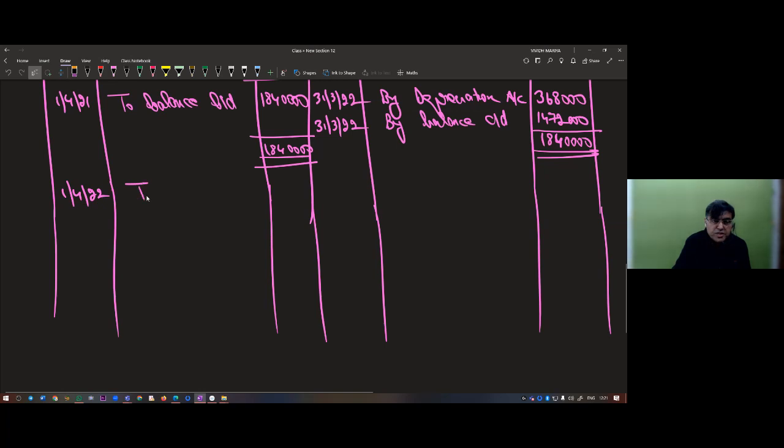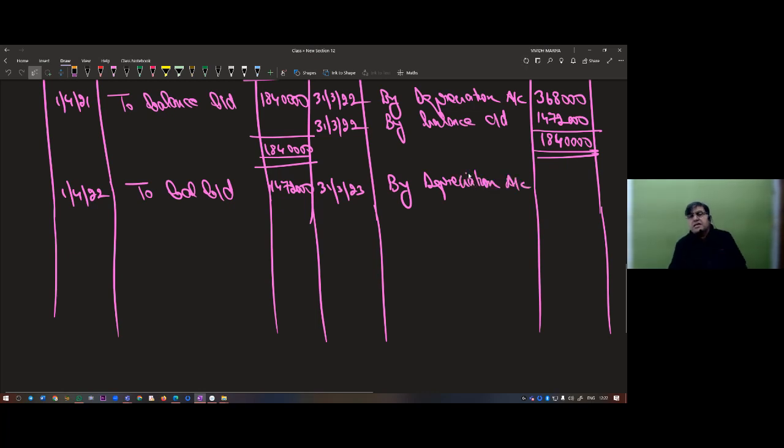First April 22, to balance brought down 1472. 31st of March 23, by depreciation account into 20%, 294,400. 31st of March, B Motors will take over.